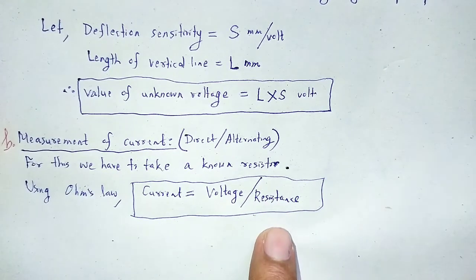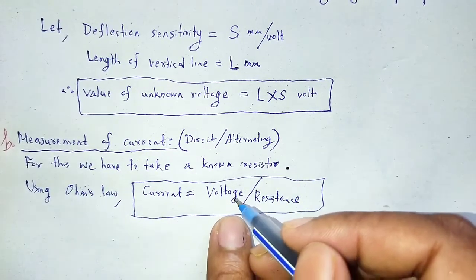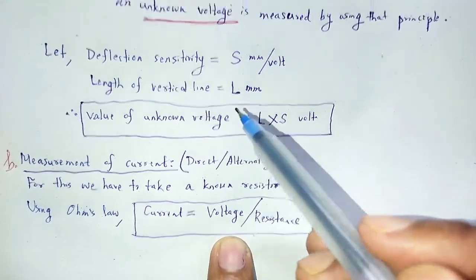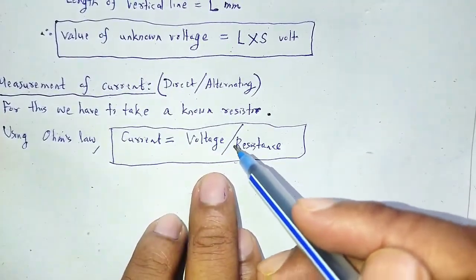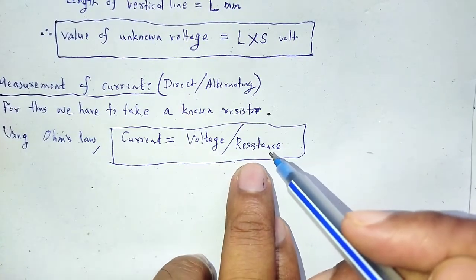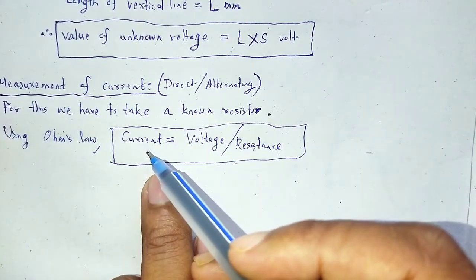Resistance is known to us, and voltage we again know by using that method. So, from the voltage across the resistance, the current can be calculated.